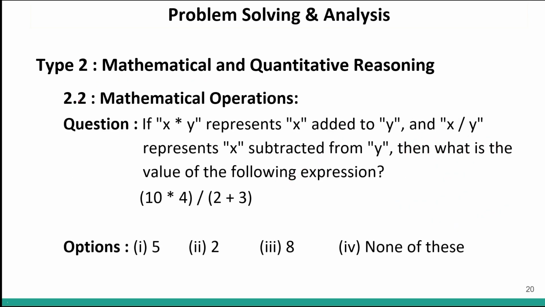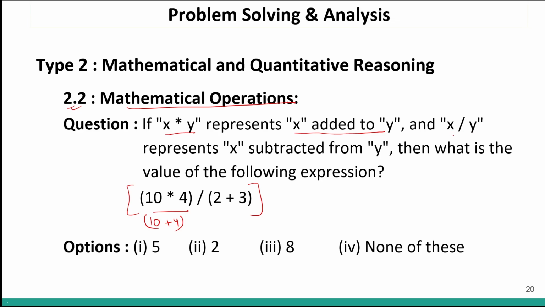Now, 2.2 mathematical operations. In mathematical operations, this is an equation that is given to us. Now, certain codes have been given to us. We are told that x into y represents that x is added to y. So 10 into 4 basically represents 10 plus 4. Correct?